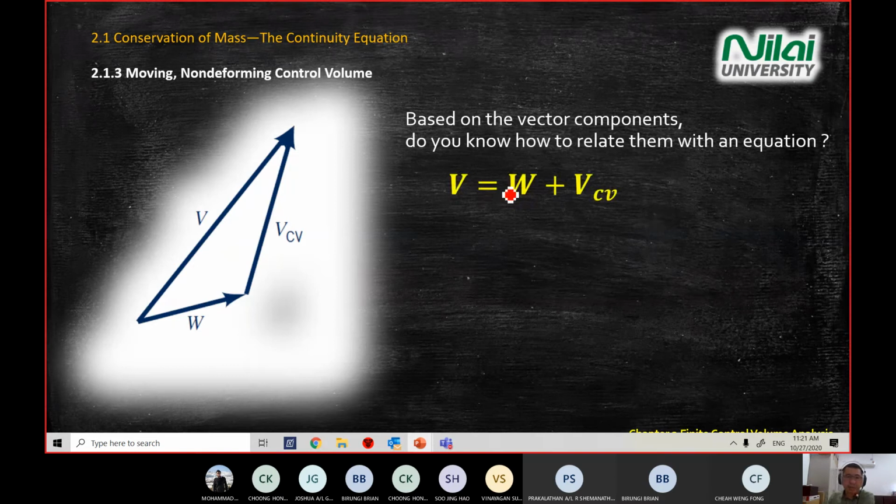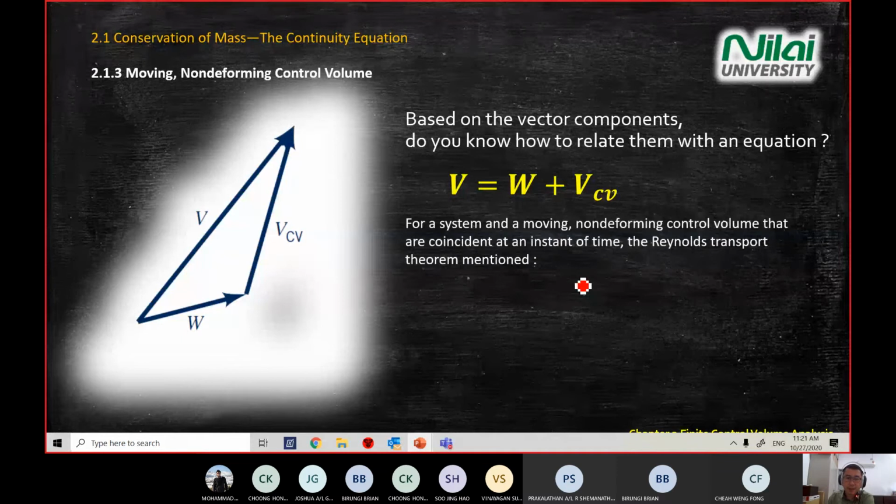You can find some space in question 9. V equals W plus V_CV. This is what the vector form will give you. Meaning the absolute velocity is a combination of your W plus V_CV.